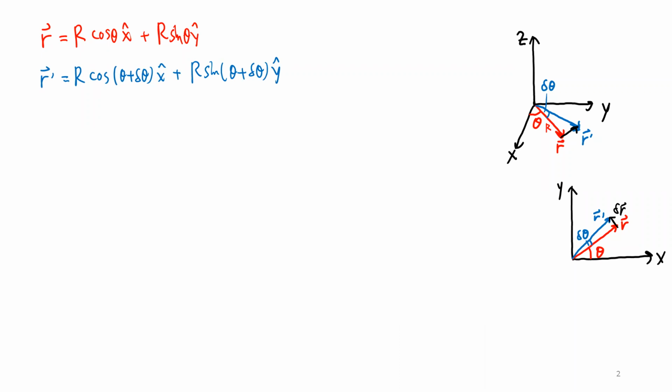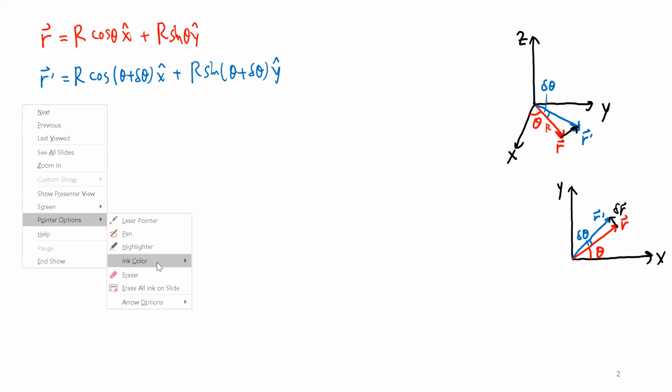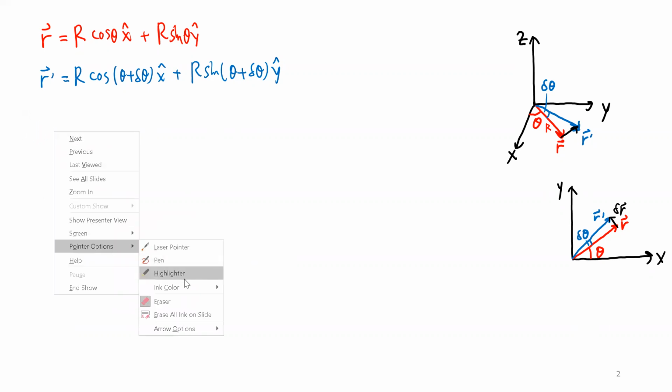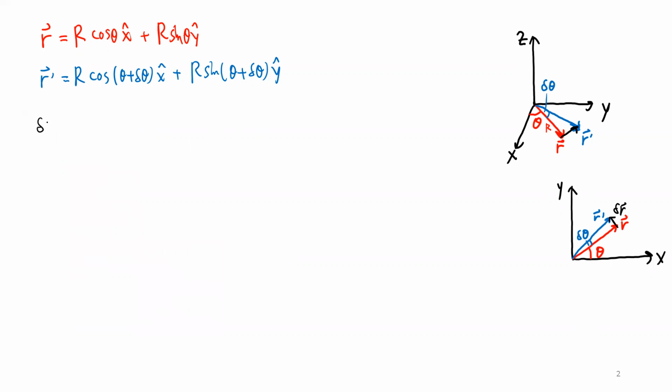Now what I want to know is the difference between the two vectors, which I call delta R, defined by R prime minus R. Geometrically, that would be this vector over here, the small vector connecting the heads of the two R vectors, right?